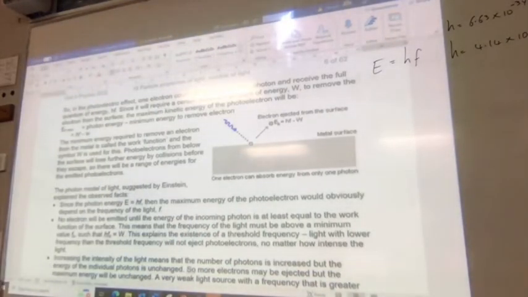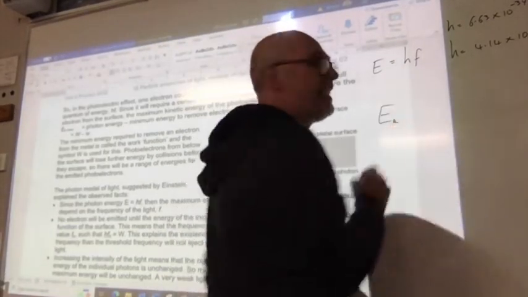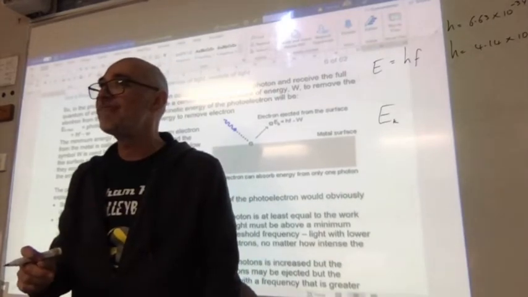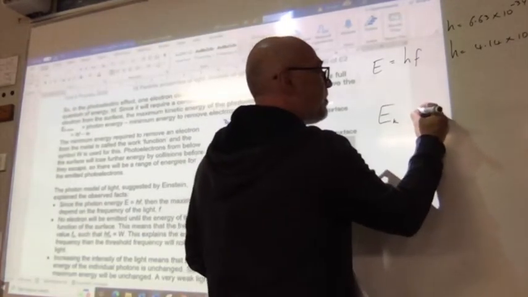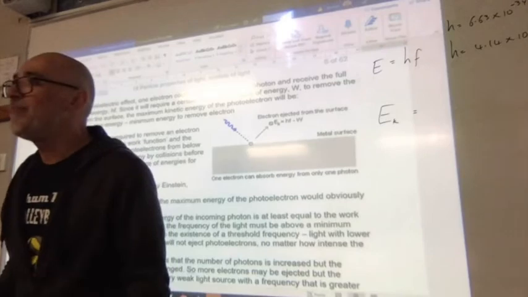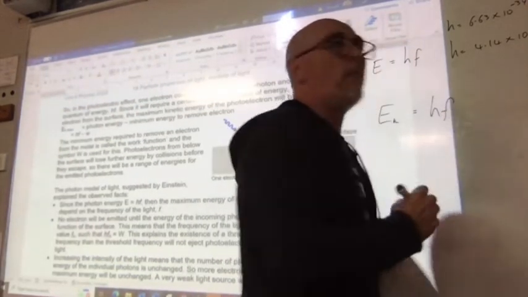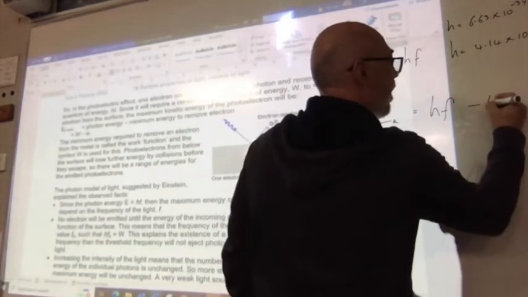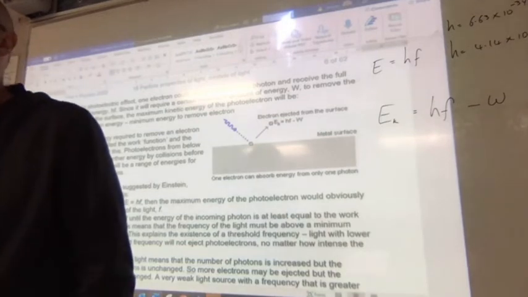So here is the formula that we all know and love. The maximum kinetic energy of a photoelectron is equal to the energy of the wave packet or the photon that you threw at it, take away the binding energy, or what is often referred to as the work function of that metal.